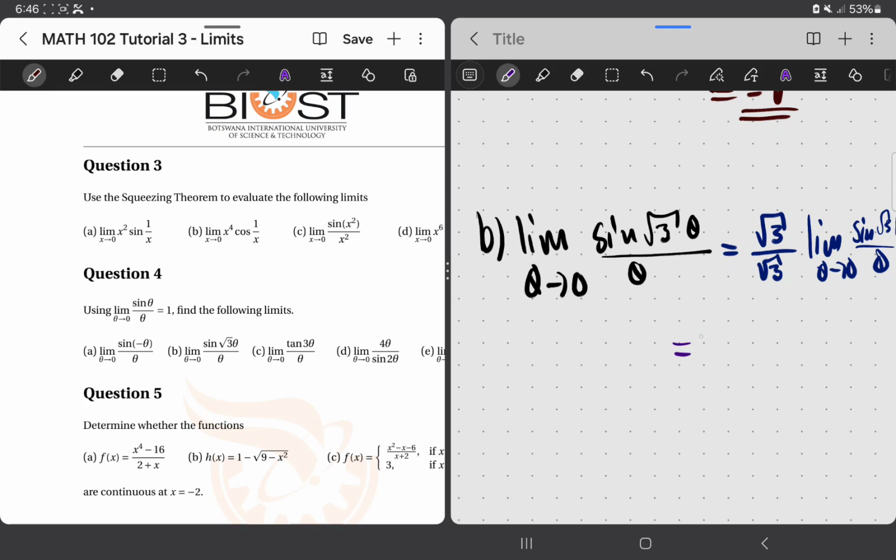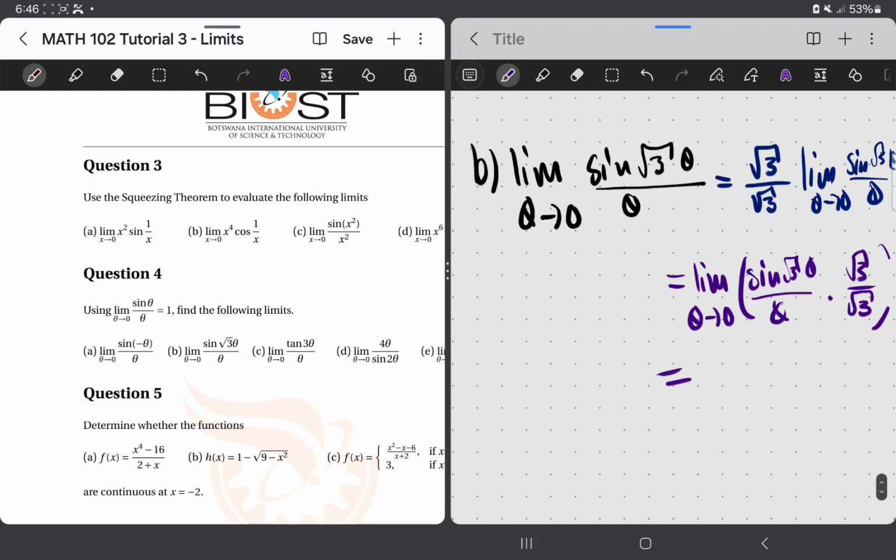If we multiply outside the limit, it's like the limit of the multiplication, so we can put these inside. Now it's going to be the limit as theta goes to 0 of root 3 sine root 3 theta over root 3 theta. The root 3 at the top is just a multiple.